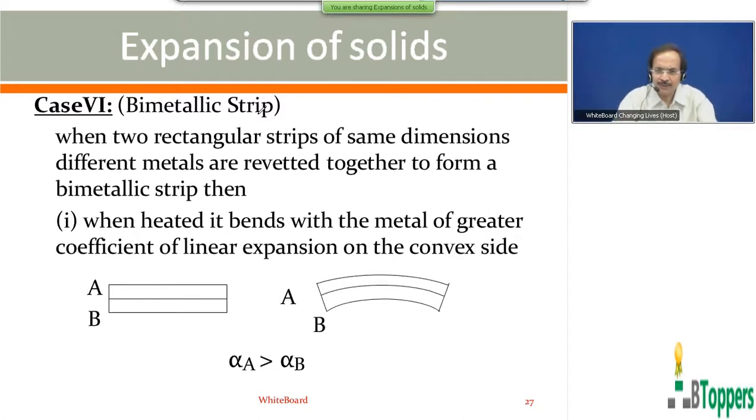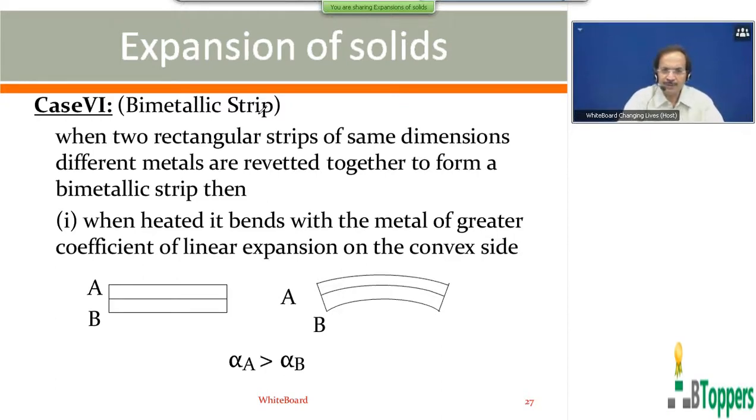The bimetallic strip consists of two rectangular strips of the same dimensions, same width and length, but made up of different materials, different metals with different coefficients of linear expansion.